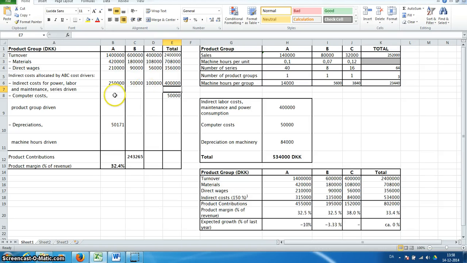Great. The next are the computer costs. The total of those are 50,000. They are driven by the number of product groups, meaning that actually they have to carry 1/3 of the costs each, because each of them constitute 1/3 of the product groups. And we do like that.